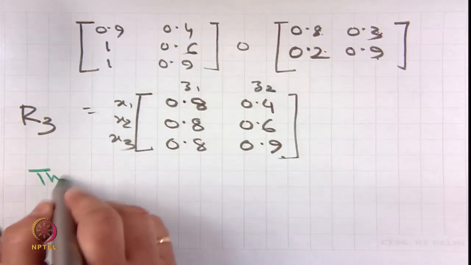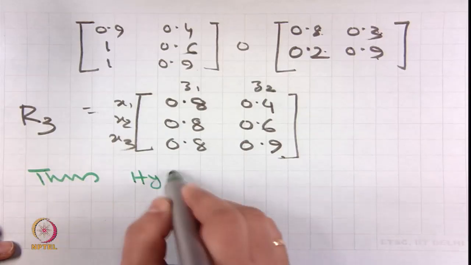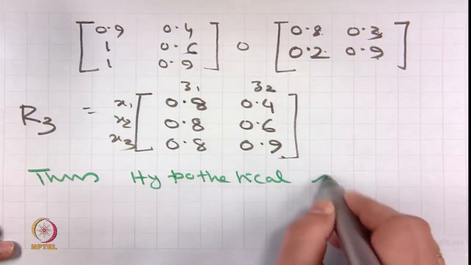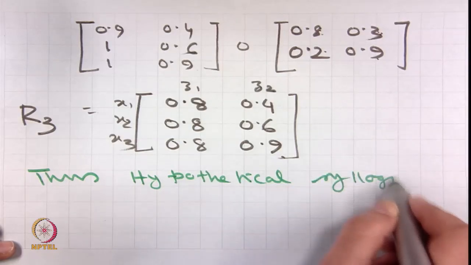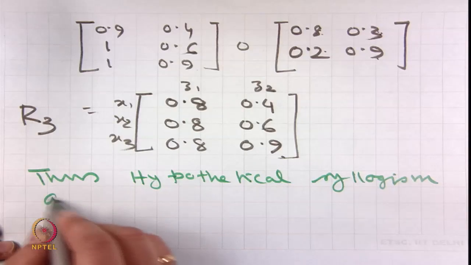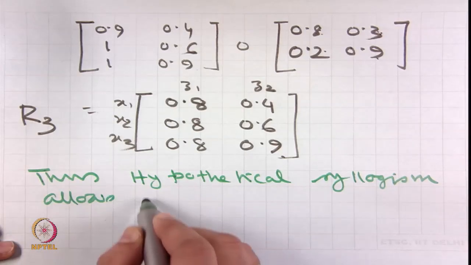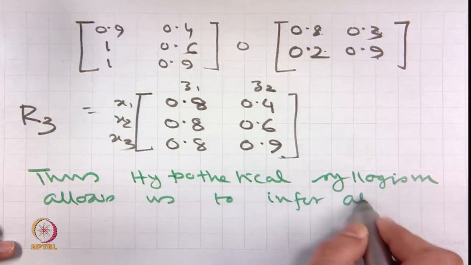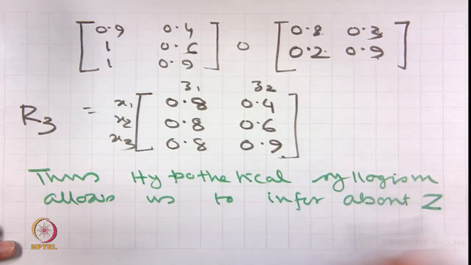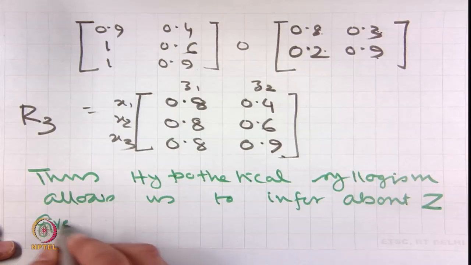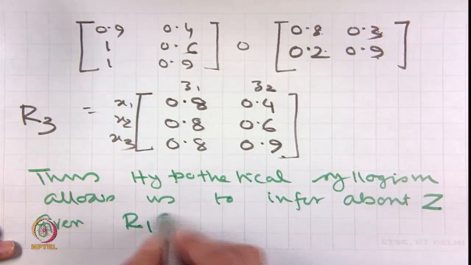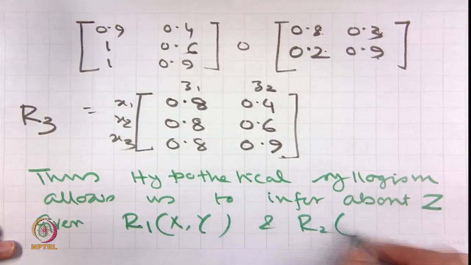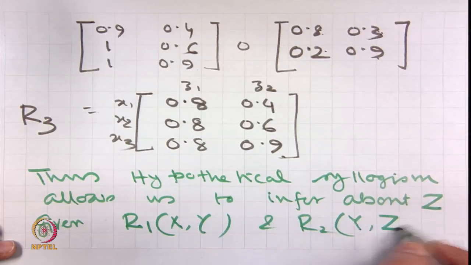Thus, hypothetical syllogism allows us to infer about z given R 1 between x and y and R 2 between y and z.